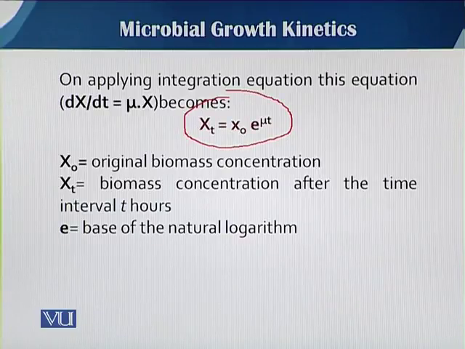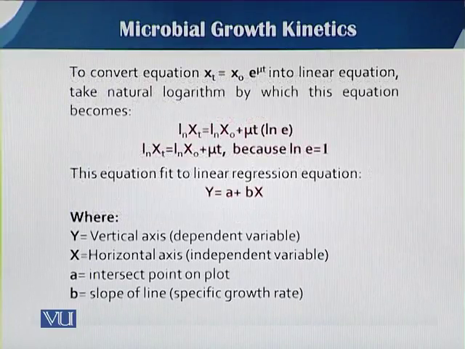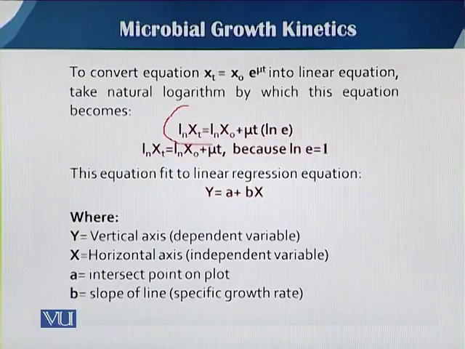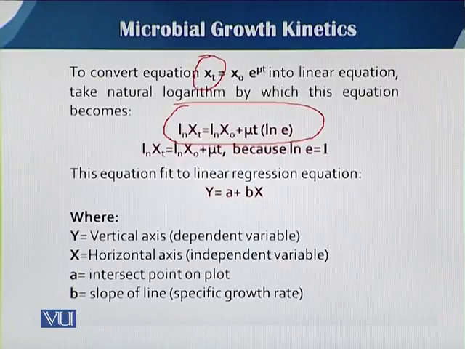This equation can be further transformed into the natural log. By the logarithmic principle, those terms which have multiplication become a sum, those with division become a minus, and those which are in a power become a multiplication.